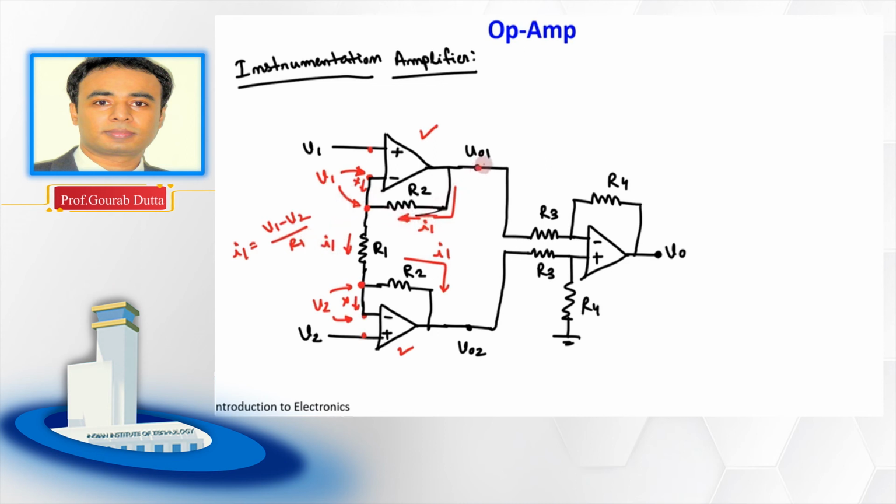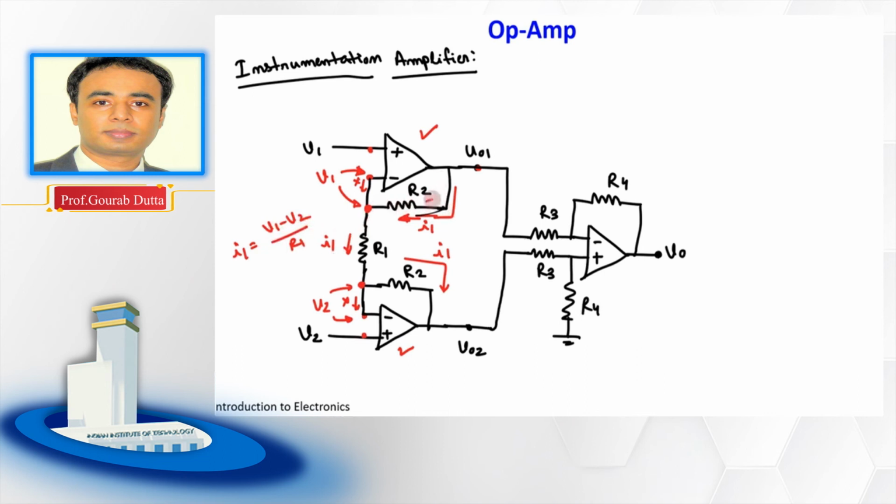What about this VO1? This intermediate output here, can you comment on that? See, we know the voltage here, this is V1, because V1 is the supply or signal, that is known, right? And you know the current, I1 is flowing through this, which we also represented in terms of V1, V2 and R1, known quantities, right?